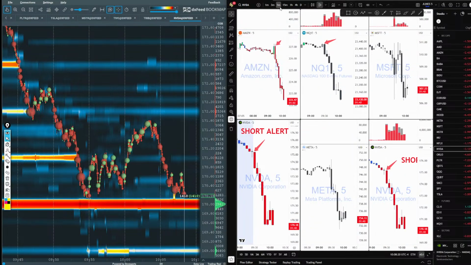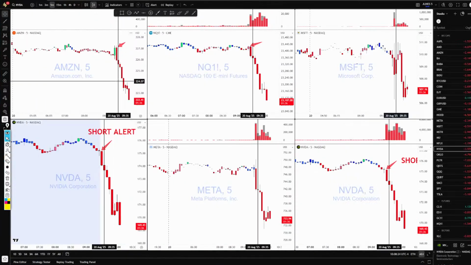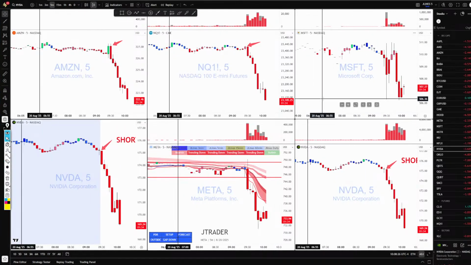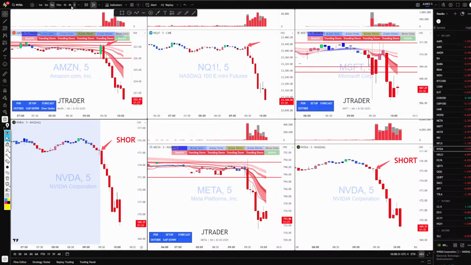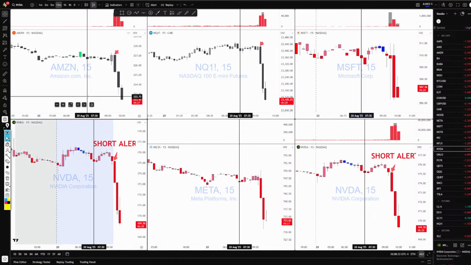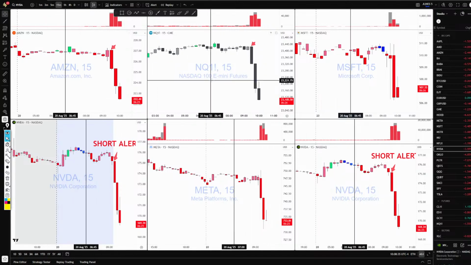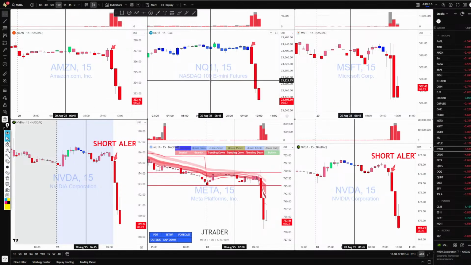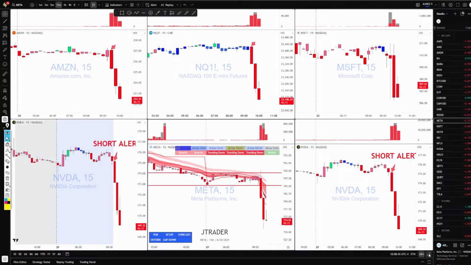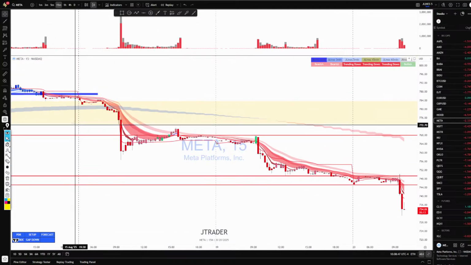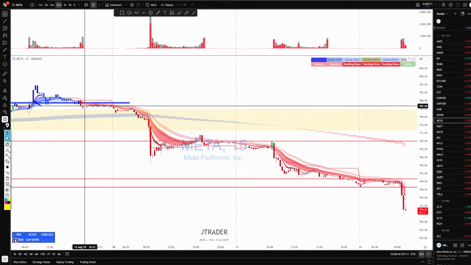Let's go back to the 5 minutes so we can have a little bit of the major picture. Also, I would say the 50-minute chart. So as you know, red candles, short. Red JLines, short. If you look, for example over here, Meta, it's all red since the 15th.